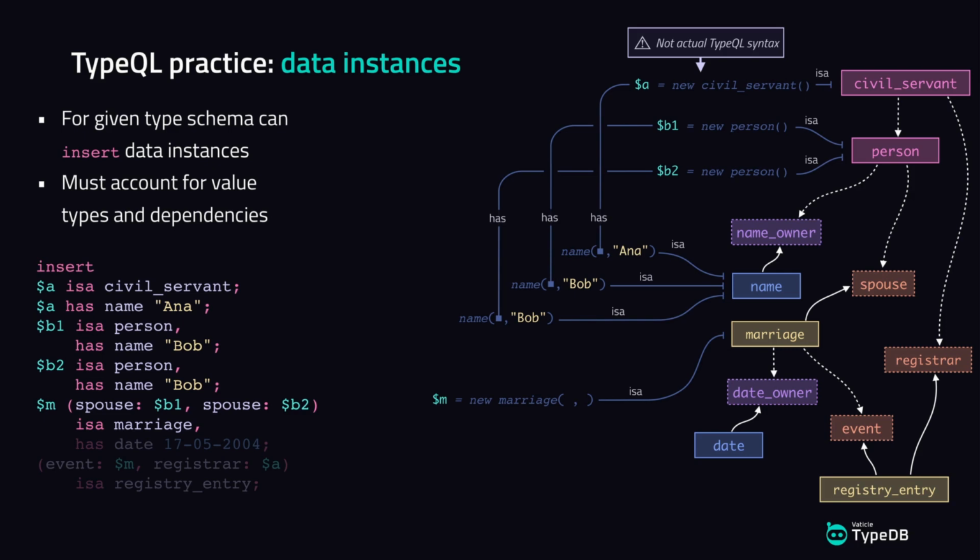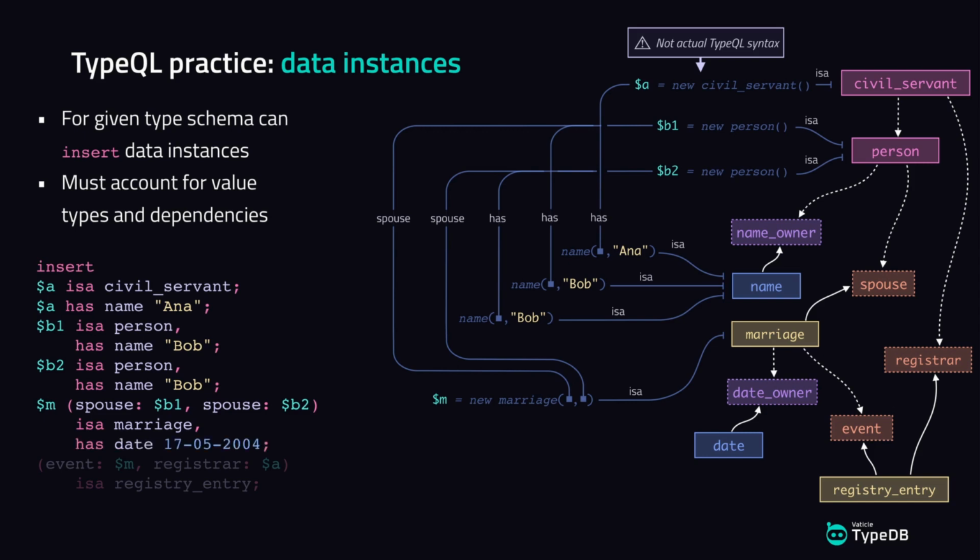We must reference existing instances of spouses. And that's achieved by the tuple notation that provides a tuple of spouse role players here. So we have the spouse b1 and the spouse b2, which means that these two objects are referenced as spouses for the creation of this new marriage object.